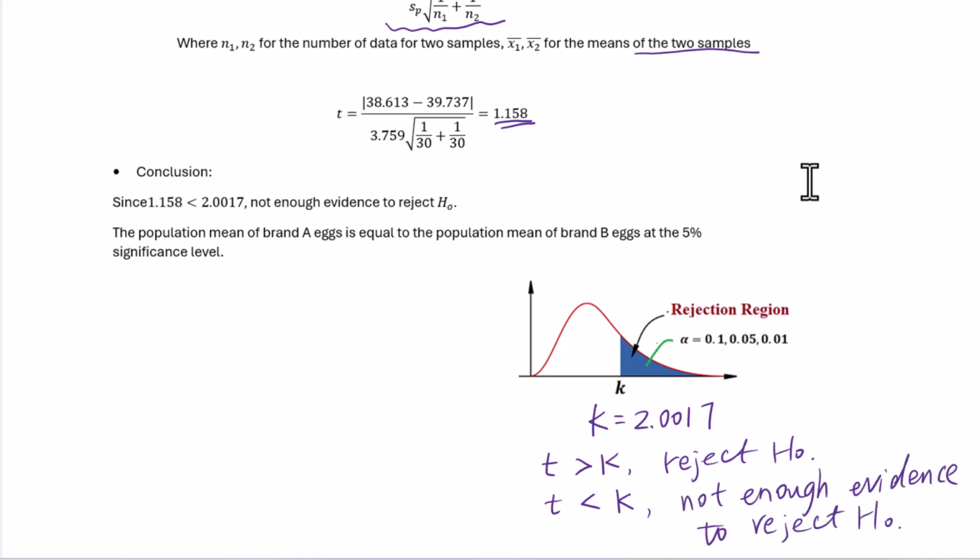In this test, t value equals 1.158 is less than 2.0017. So, not enough evidence to reject H0. In other words, the population mean of brand AX is equal to the population mean of brand BX at the 5% significance level.